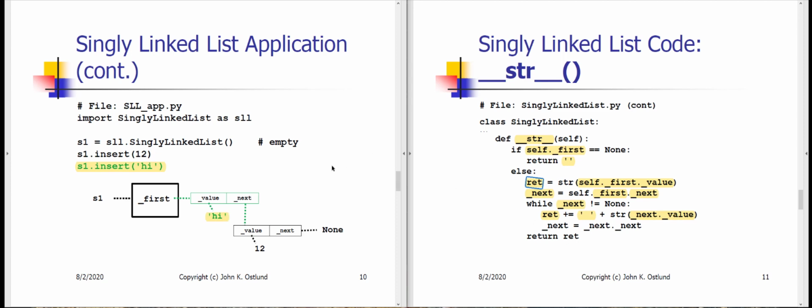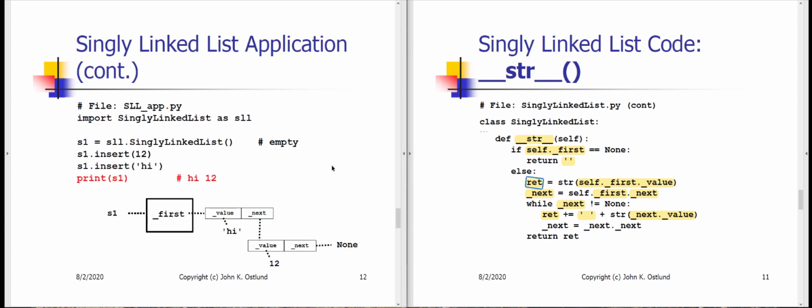All right, so let's see that used in our program. Here is a print statement added to our application program, and it does what I claim, okay? When we call print S1, internally, print automatically converts S1 to a str.